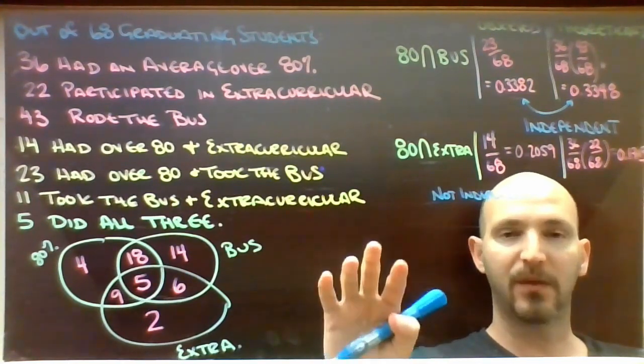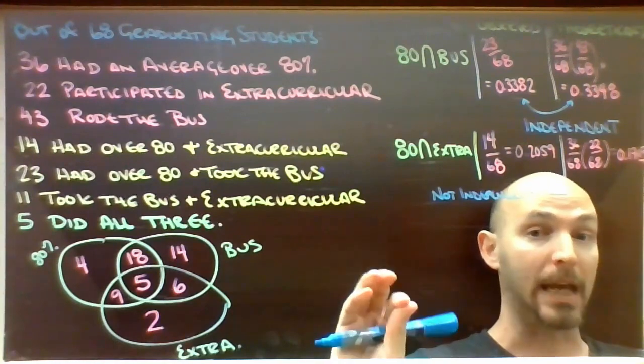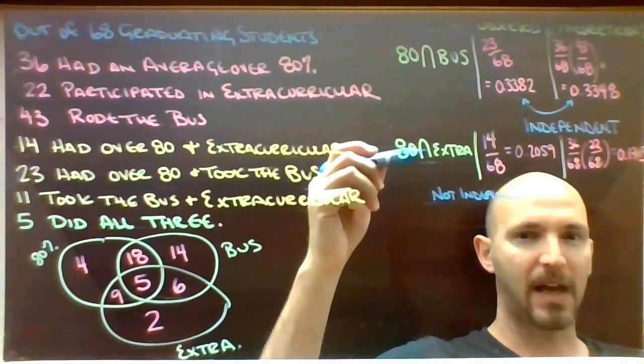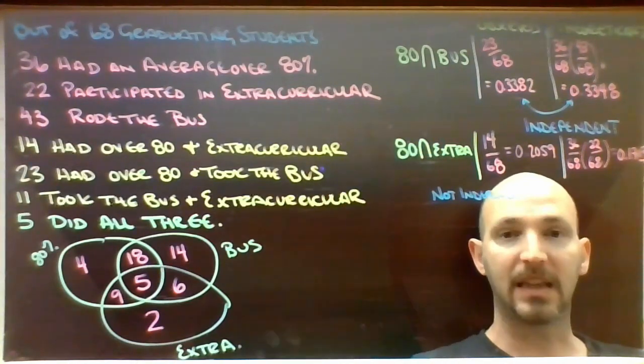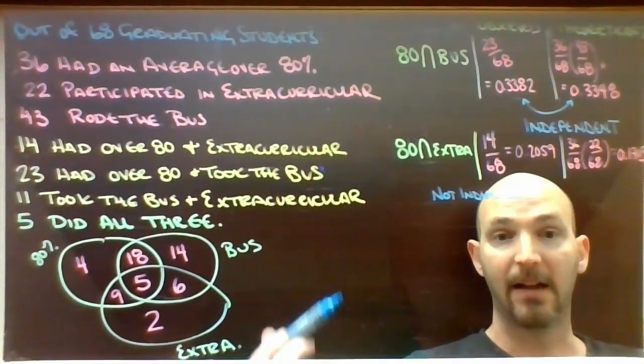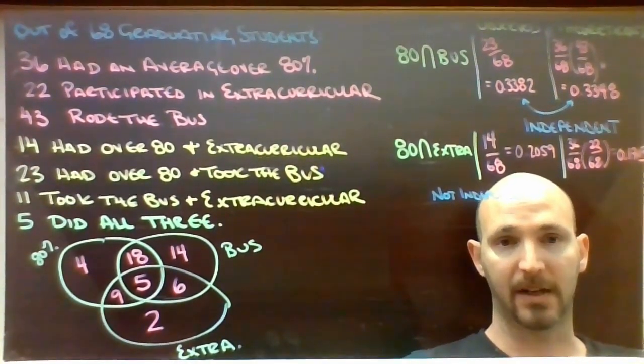I don't have enough information to nail down why, but I do have some evidence to suggest that there is a relationship between these two things, getting an 80 and participating in extracurricular activities.